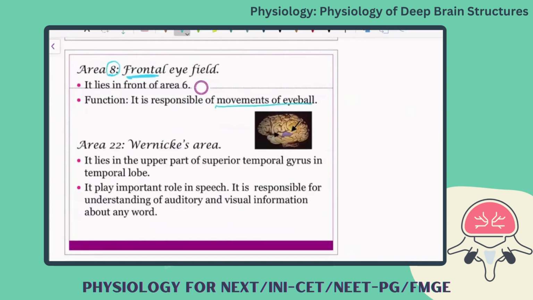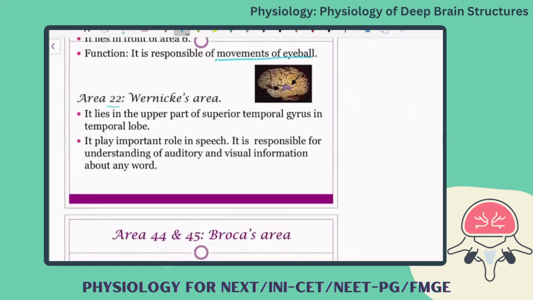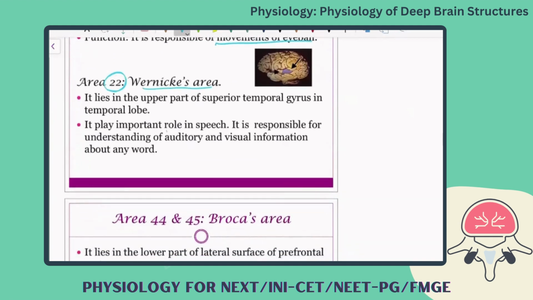Just know the area number and its specific function. If you are able to identify the location, well and good. At least know the name, the number and the function. And area 22, Wernicke's area, has a specific role in speech, understanding of auditory and visual information.